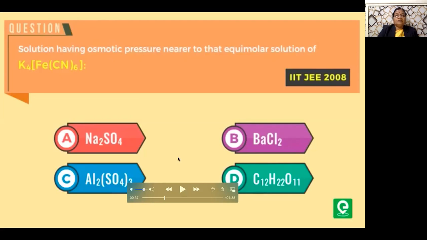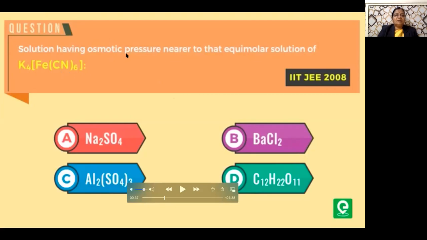So on which basis can you give the correct answer here?